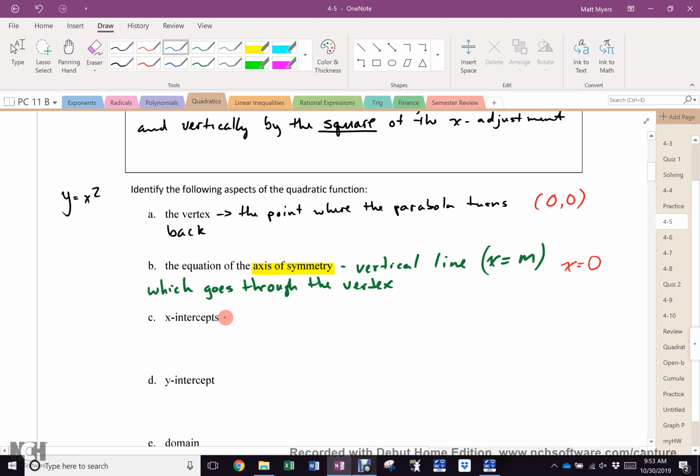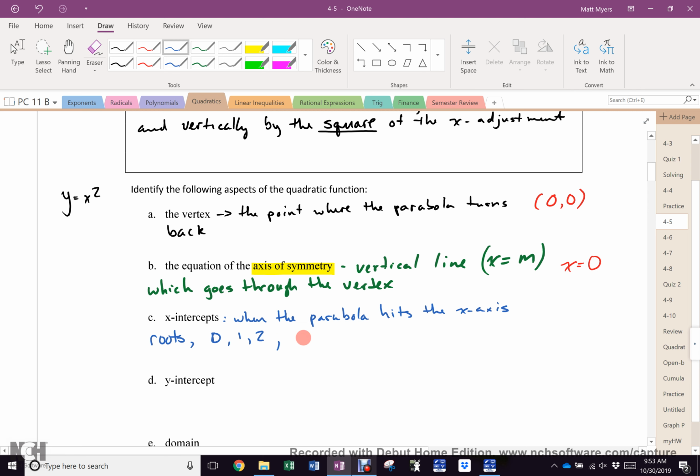X-intercepts. That's when the parabola hits what? Hits the x-axis. Now, we know lots of stuff about that already. We know that's also called the roots. We know there can be 0, 1, or 2.